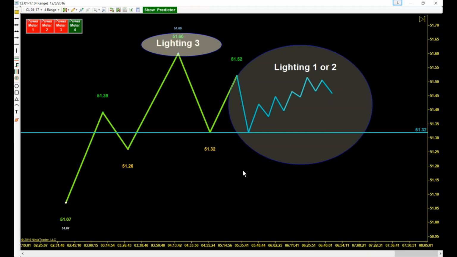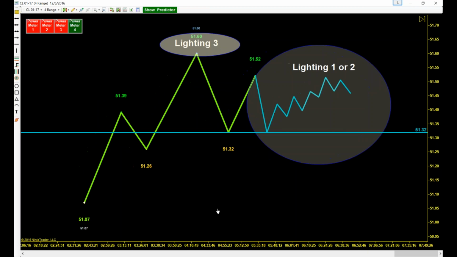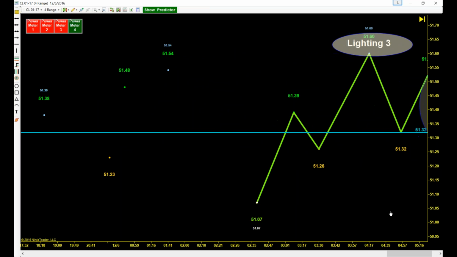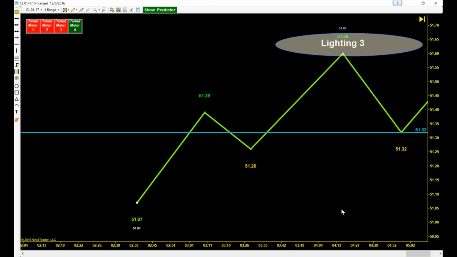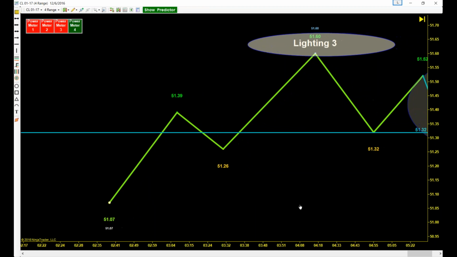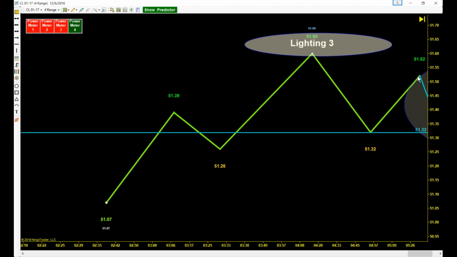Now, let me ask you a quick question. Looking to the left to trade the right, you see that you have right now a lower high. Look to the left, you're going to see a low, a high, a higher low, and a higher high.